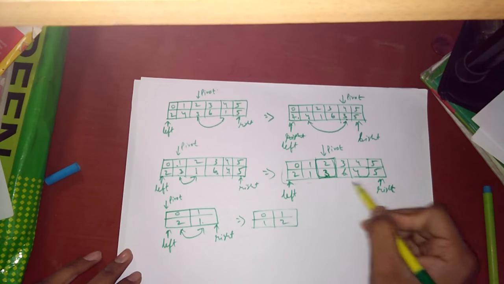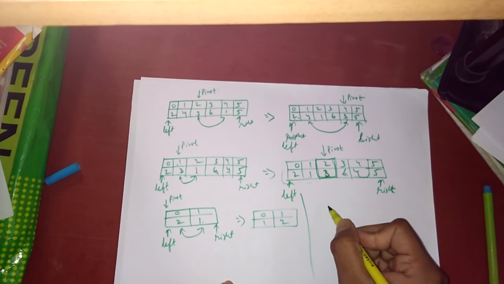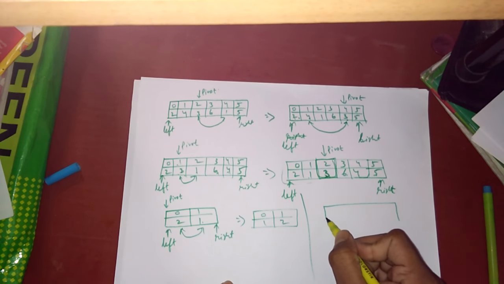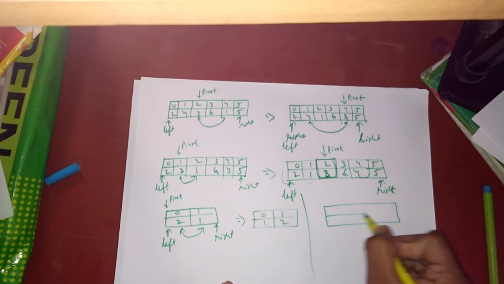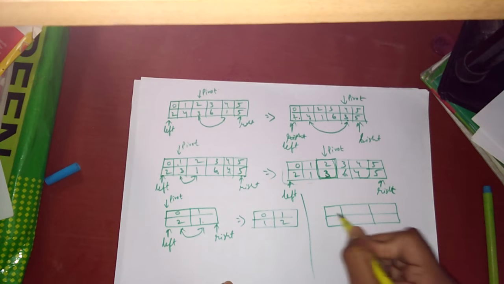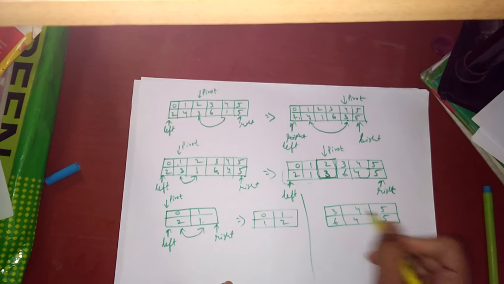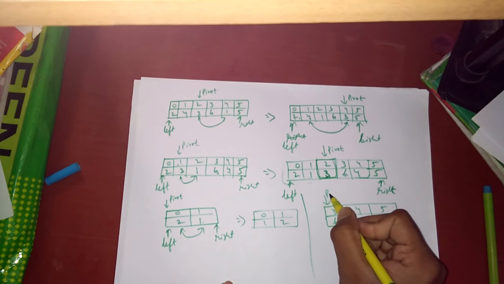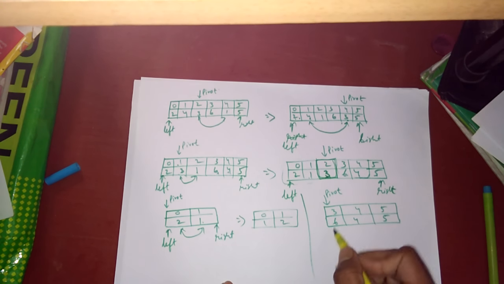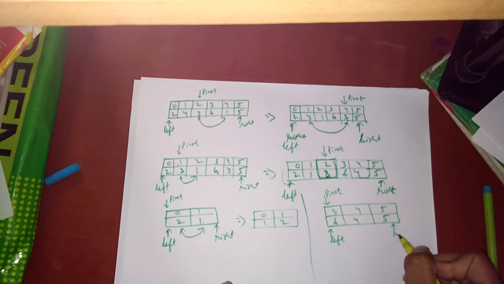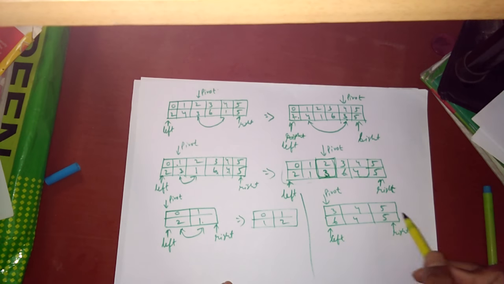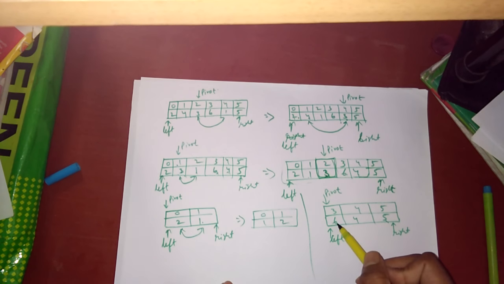Now we will take our right portion, that is 6 4 5. Suppose the pivot is at this point, this is our left and this is our right. Since the pivot is on the left, we will start comparing from the right. 5 is greater than 6, no, so it will be swapped.